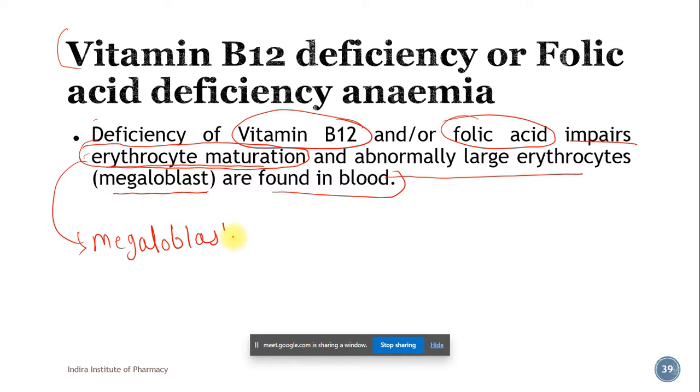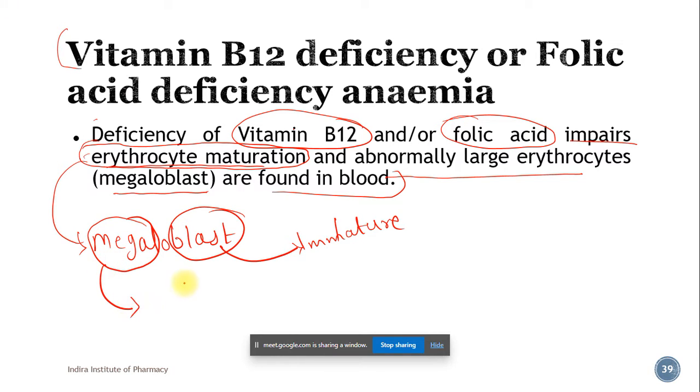Okay, so you see, it has two words in this, that is mega and blast. We have already seen that if the suffix is blast, it indicates the cell is immature. And the prefix mega indicates big or large.